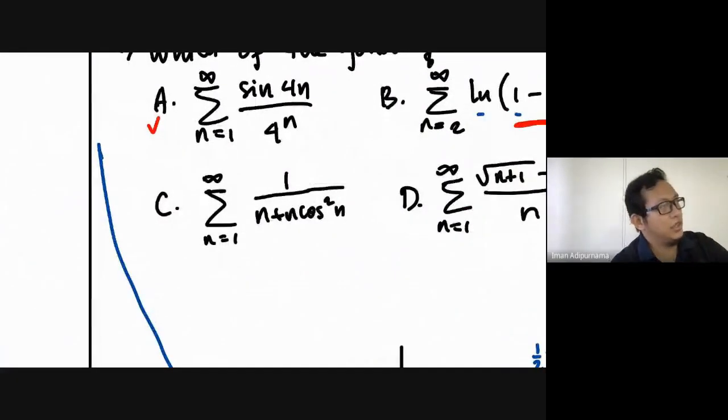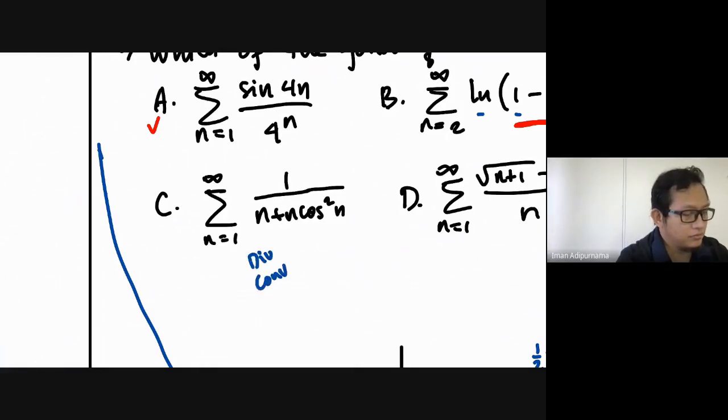What about C? Is it converged or diverged? Who says it's diverged? Still not sure? Okay. Whenever you find an equation that has a fraction, and it has cosine or sine, the method that I'm suggesting is using the comparison test.